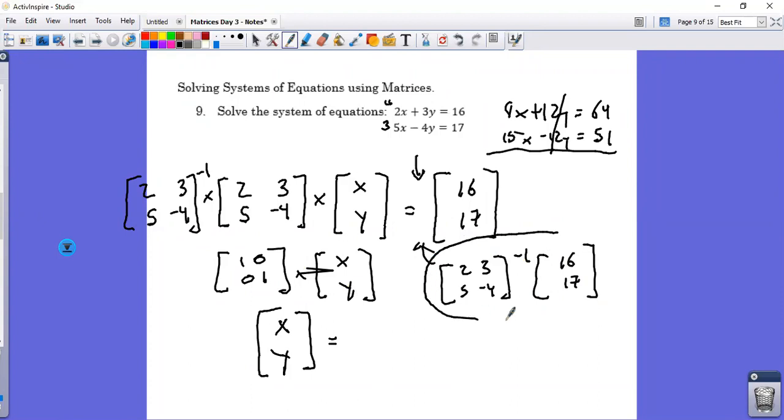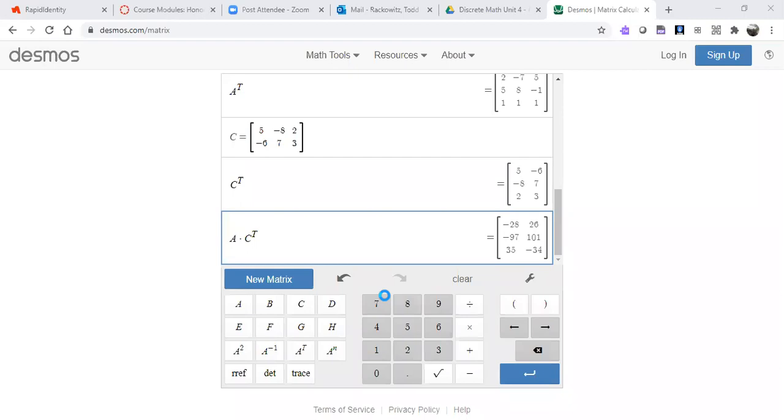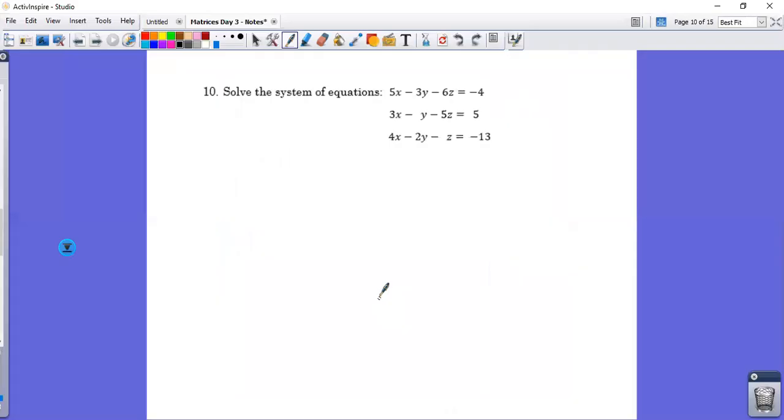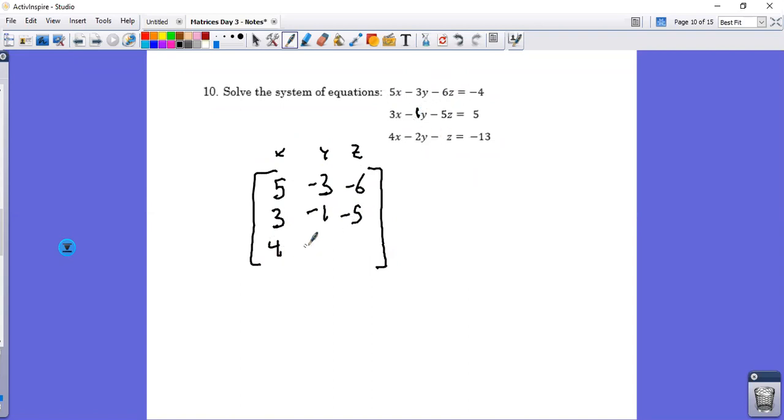So before I go over to Desmos, to solve for this 3 by 3, or 3 equations, 3 variables, I'm going to take all the coefficients, which are 5, -3, -6, make sure that it's in the right order, x, y, z, so 3, -1, that would be a 1 there, -5, and 4, -2, -1, that'd be a 1 there.